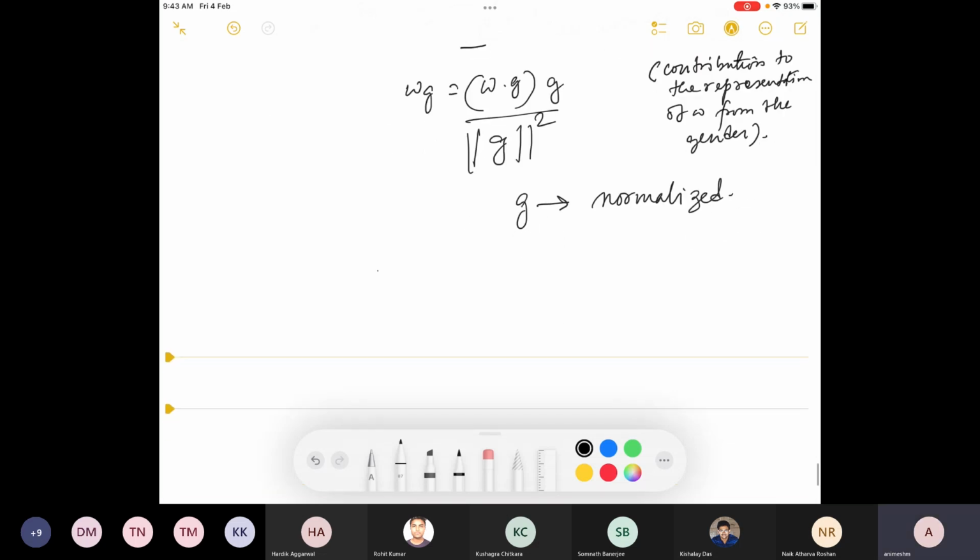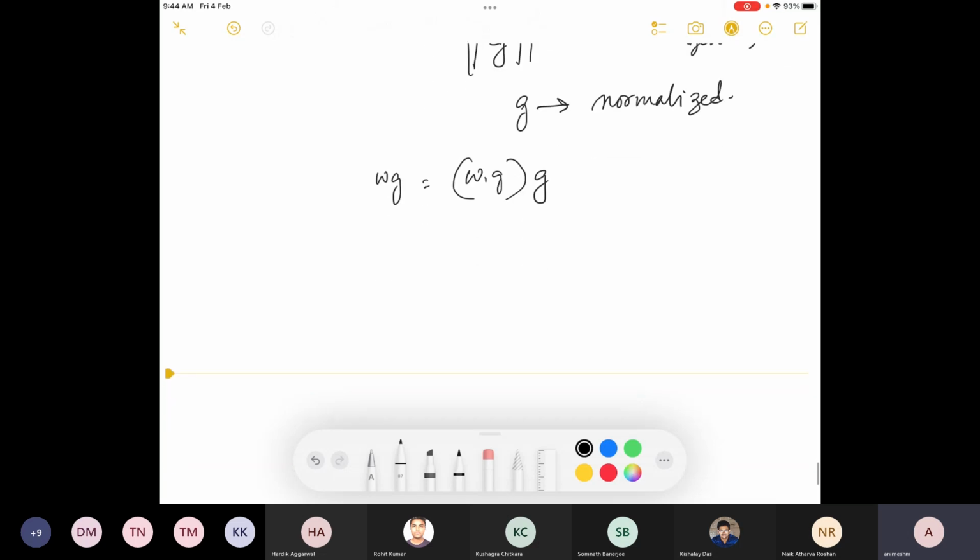So therefore, WG reduces to... so this is the gender component of the word W. Then W norm is nothing but W minus WG.